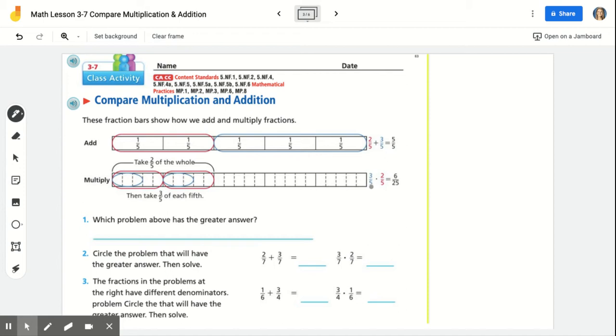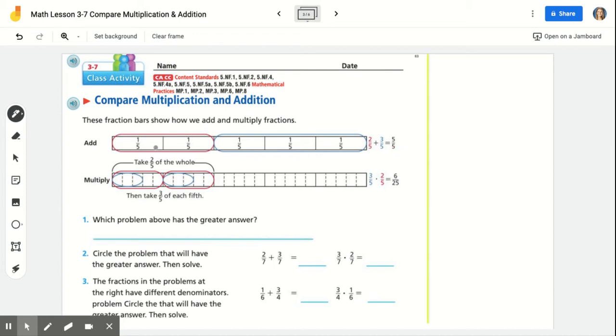And then underneath it, they have 3/5 times 2/5, and then they have the answer is equal to 6/25. Before we look at the fraction bars again, look for what do you notice about these two problems? Yeah, so what I notice is we of course are using the same two fractions, and then I'm looking at the answers and I'm taking a notice of those as well and how they relate back to them.